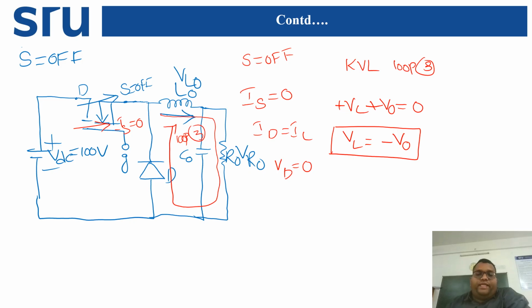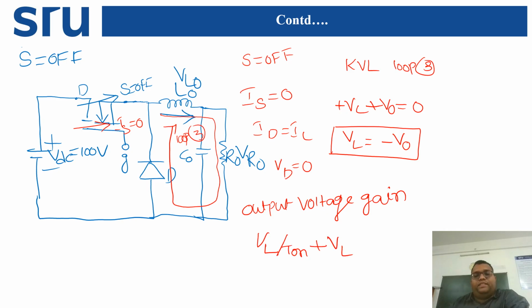When we are going to derive the output voltage gain, we have to consider that VL voltage under switch on condition plus VL voltage under switch off condition is equal to 0. So this is the condition we have to consider for deriving the output voltage.